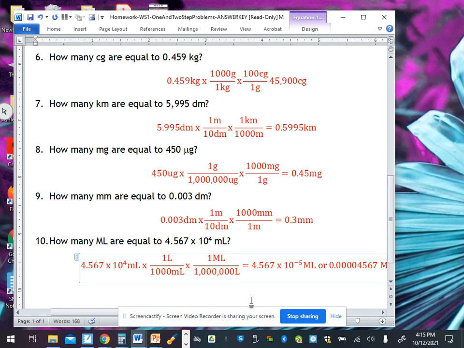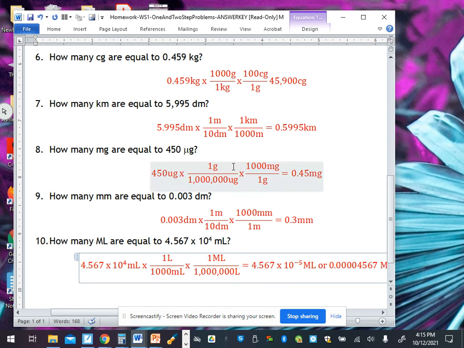The only thing that it doesn't show is your division at the end before you get your final answer. I find that does help to do that. But you can see 8 and 9 both take the longer way, the actual two-step method. So going from micrograms to grams, then back to milligrams.